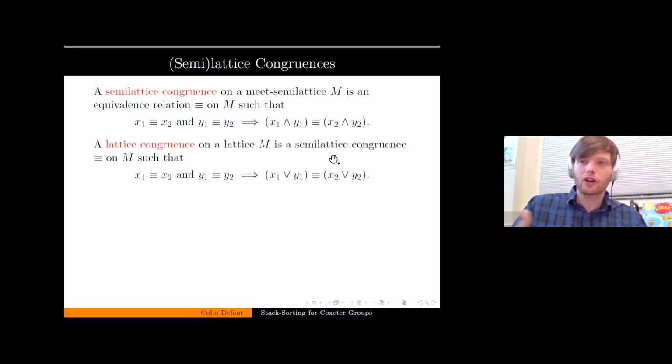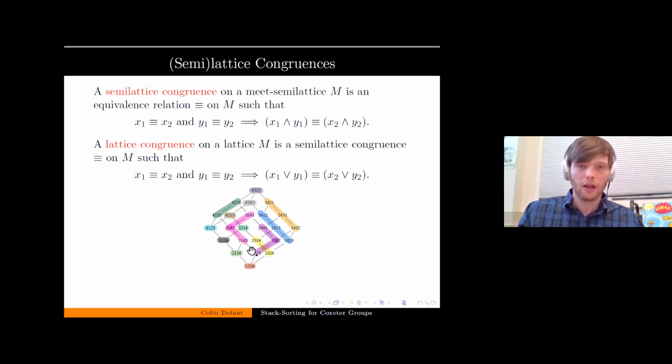And then a lattice congruence on a lattice is a semi-lattice congruence, meaning it satisfies this condition, but it also has to respect the join operation, meaning it satisfies a similar condition with the meets replaced by joins. So a lattice congruence is an equivalence relation that is compatible with the meet and the join operations.